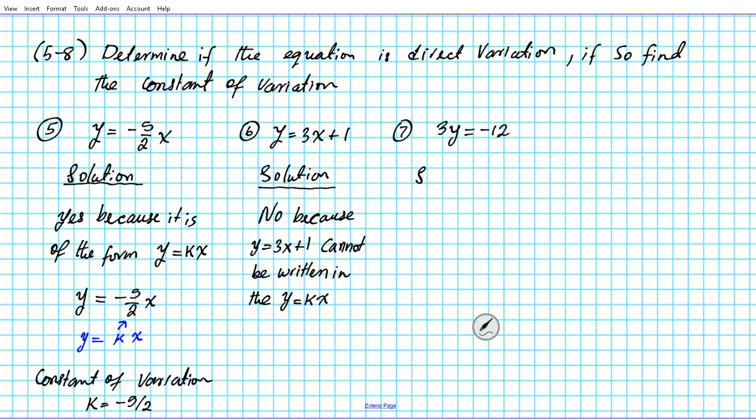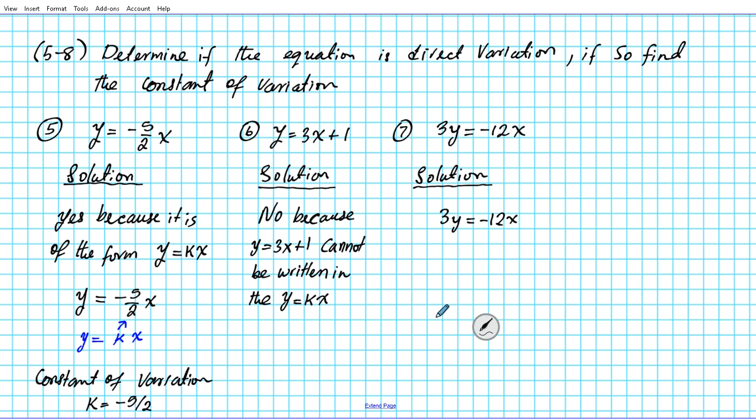Is this a direct variation? Well, you might say, oh, it's not y equals kx, but hold on for a minute. Remember, we talked about this earlier. If it's written in the form by equals ax, it is a direct variation. Why is that? Well, check this out.